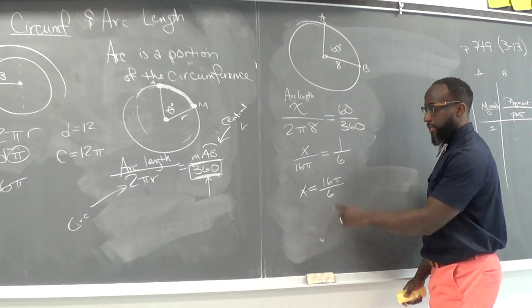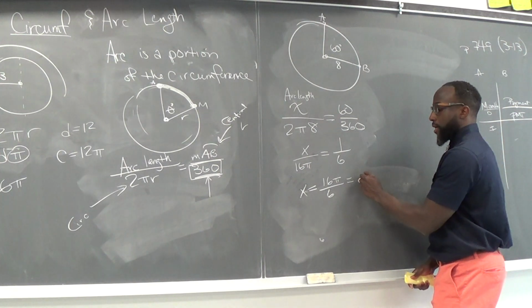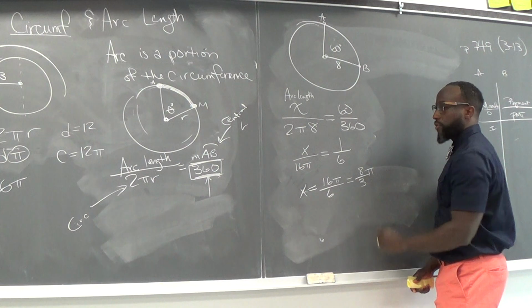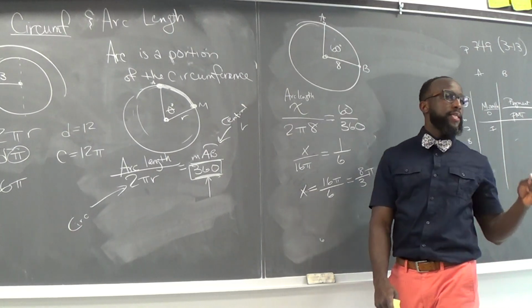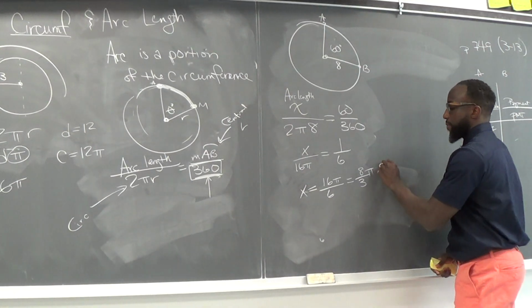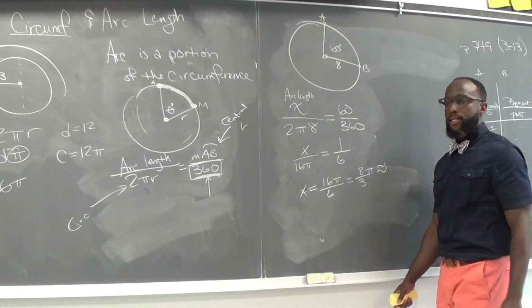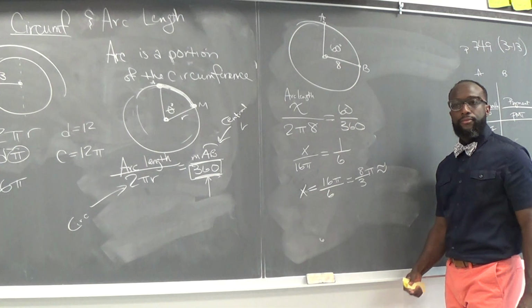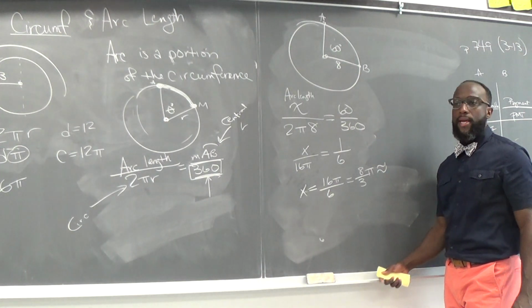And we can simplify that once more to be what? 8 over 3 pi. Now, I need somebody to pull out their calculator to give us an approximated answer. So it's 8 over 3 times pi.